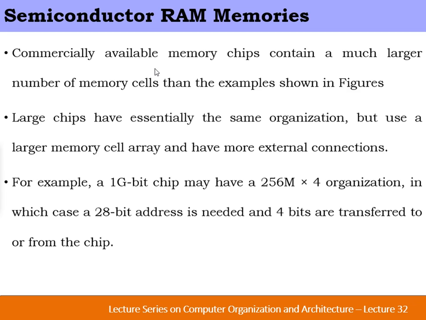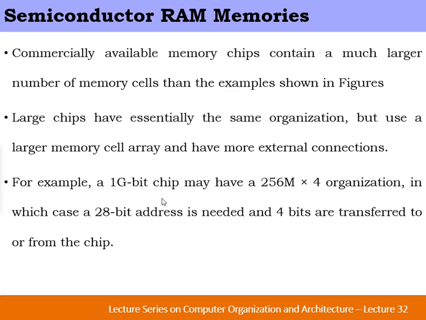For example, if I go with a 1 gigabit memory chip, it will have 256 mega memory locations, and every location can store 4 bits of information. In which case a 28-bit address is needed, and 4 bits of data are transferred to or from the memory chip.